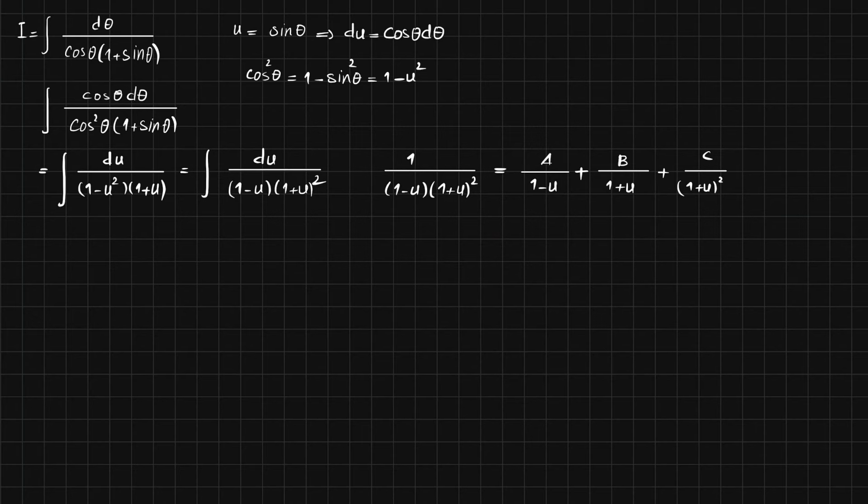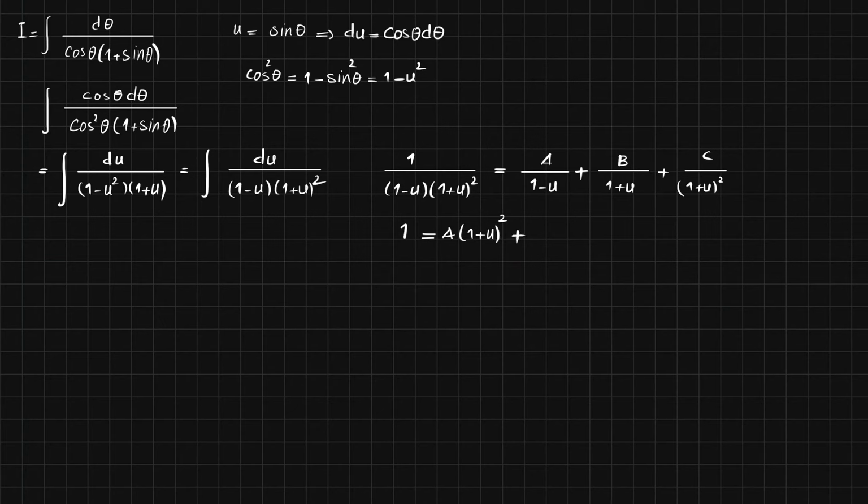As usual, we multiply both sides of this equality by that expression. The left-hand side becomes simply 1, and then I have to adjust the calculations on the right side. Here, 1 minus u and 1 minus u are cancelled. 1 plus u squared is left, so it becomes a times 1 plus u squared.